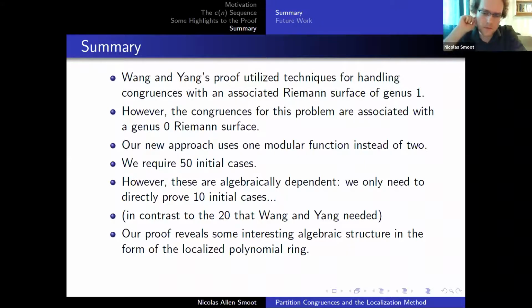There are several problems that can hit you when you start working with these sorts of congruence families. The genus of the underlying modular curve plays a role, as you've seen. Also, how you can represent the modular functions involved becomes an issue. Ideally, you'd like them all to be represented as eta quotients, but very, very nice eta quotients.